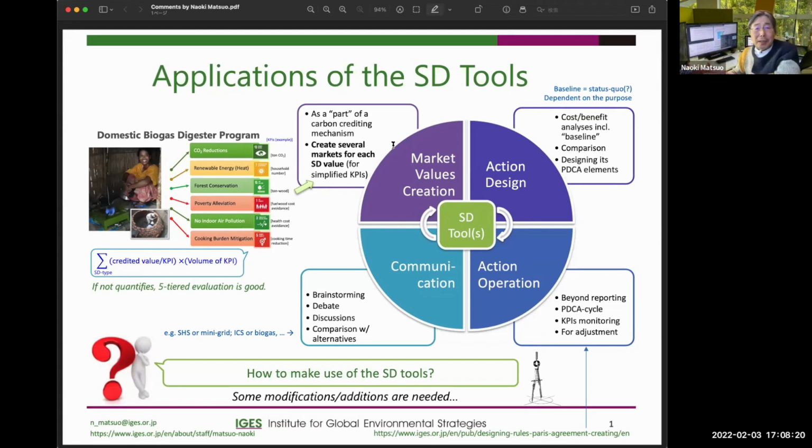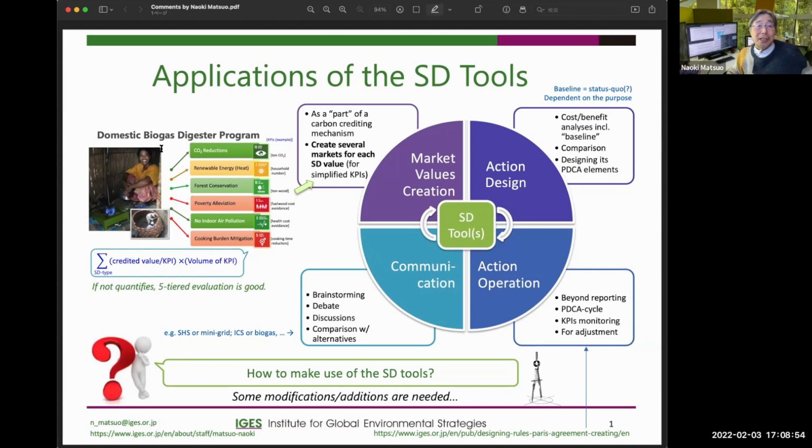But another way of thinking I'd like to propose is to consider that another SD component could be considered as another attribute of the project or actions. So create several markets for each SD value. Not just a carbon market, but also, for example, an SD3 market, that is for health or something like that.